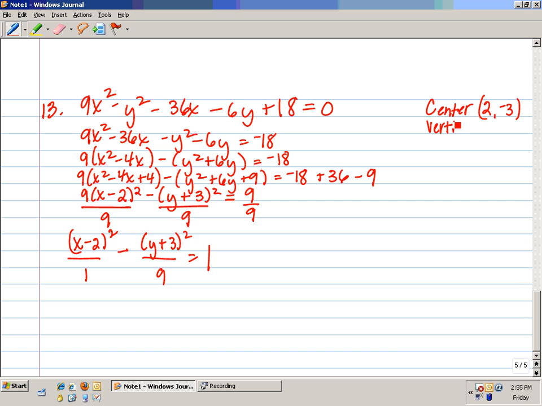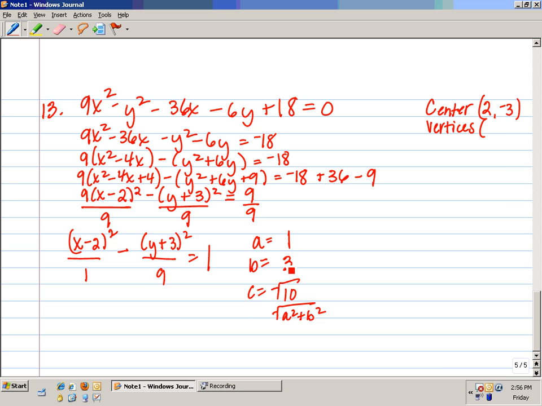We have vertices at, this is a good question. So let's look. We have a, we have b, go ahead and have c while we're at it. So a is 1, b is 3, and then c is going to be the square root of 10, because remember, c is the square root of a squared plus b squared. So you just add your denominators together.